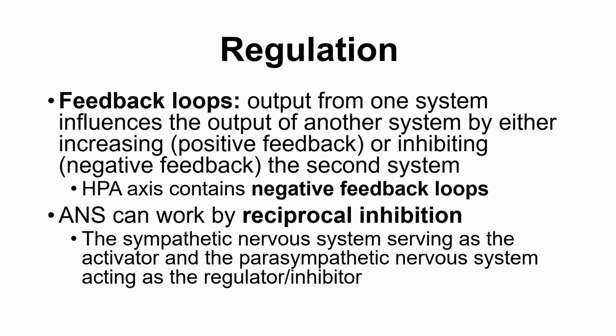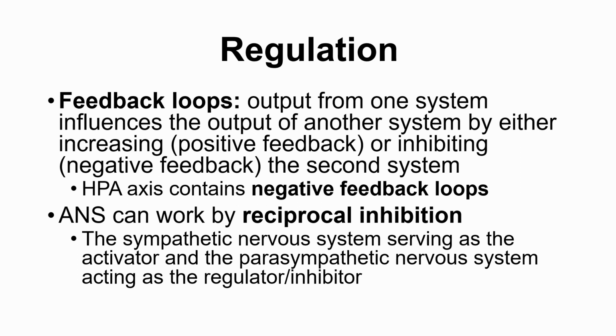And a lot of regulation within our body relies on feedback loops. And typically, we're going to have either a positive feedback loop or a negative feedback loop. These feedback loops basically say that output from one of our systems is going to influence the output of another system.